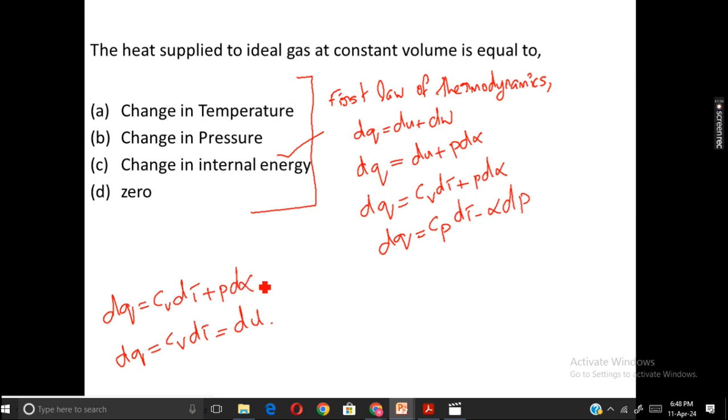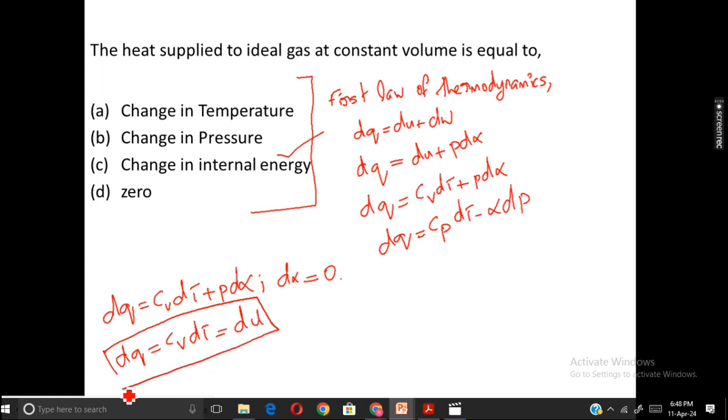They have given the volume as constant, which means d alpha will be 0. So in that case, dQ will become Cv dT. So Cv dT is basically the change in internal energy. This also we have discussed before. So the heat supplied is directly used to change the internal energy of the system.